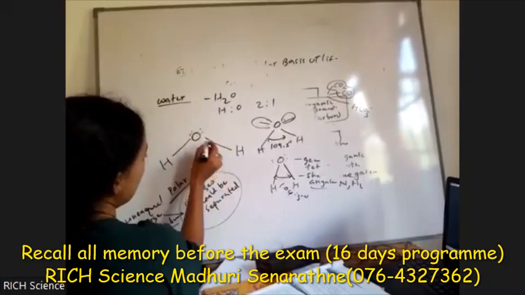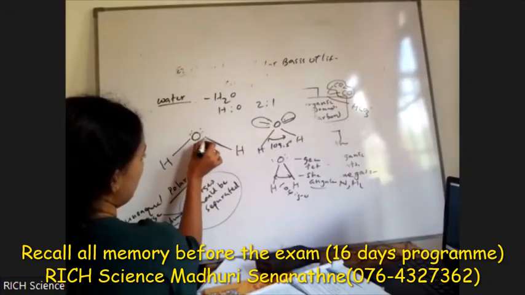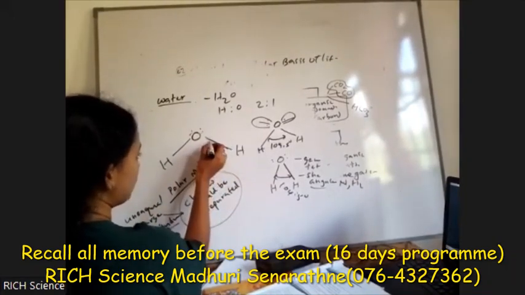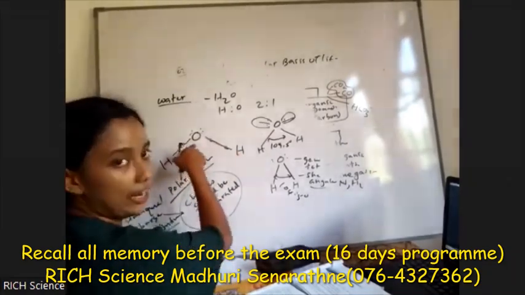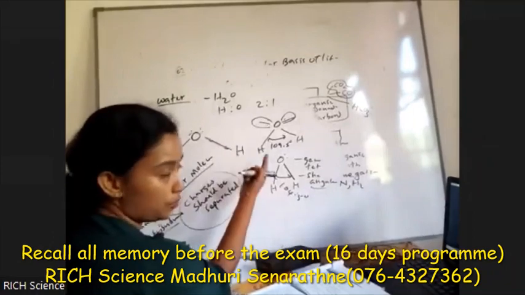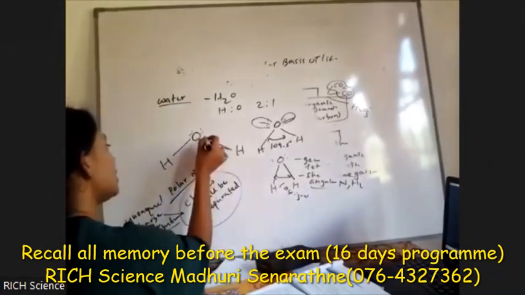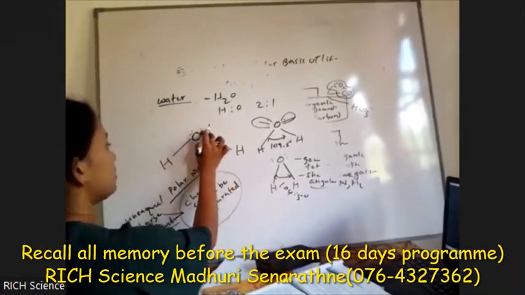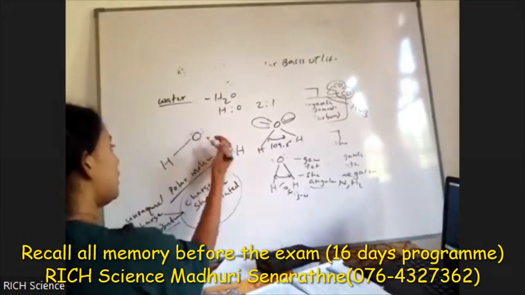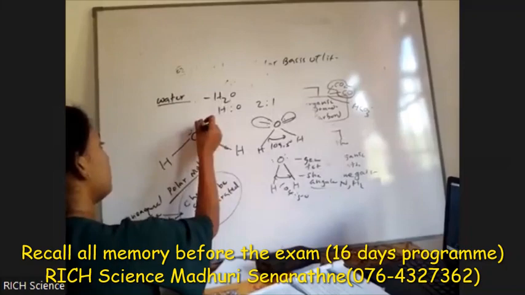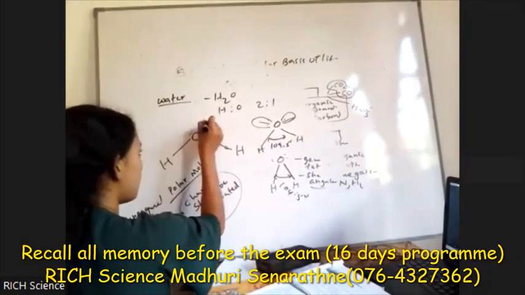Okay, think about this bond. We represent this bond with a single line, so actually two electrons should be there. Oxygen is an electronegative atom, hydrogen is an electropositive atom. So these two electrons are attracted by the central oxygen because oxygen is electronegative. If electrons are attracted, oxygen takes a delta minus value.